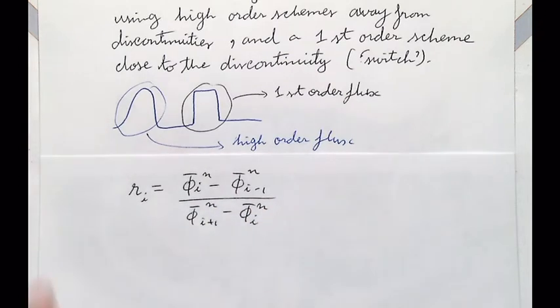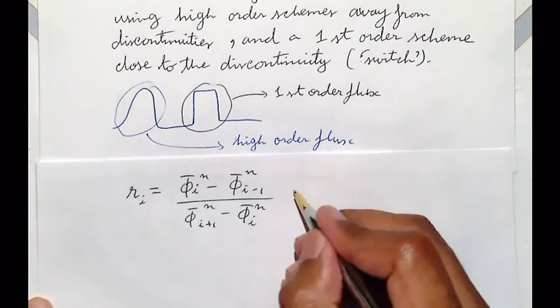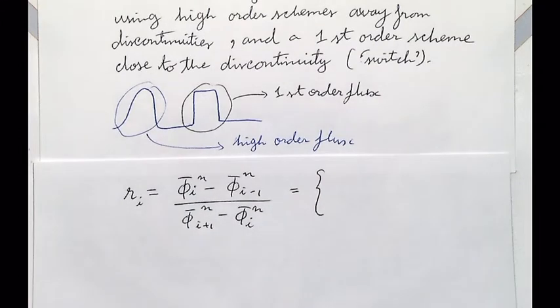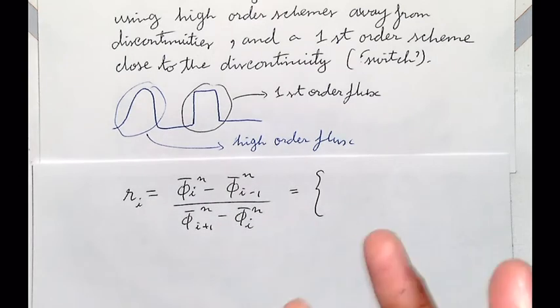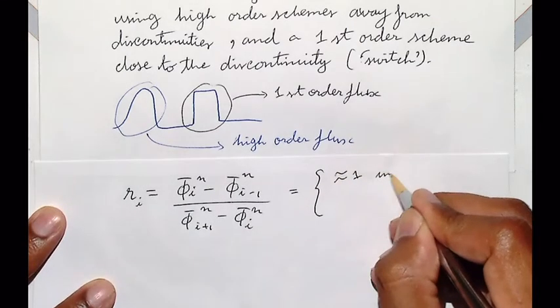Okay, and when we are in a smooth region, what is the value of r? When we are in a smooth region, what does that mean? Changes in phi are around one? Yeah, the ratio would be roughly 1, right? So this would be roughly 1 in smooth regions.